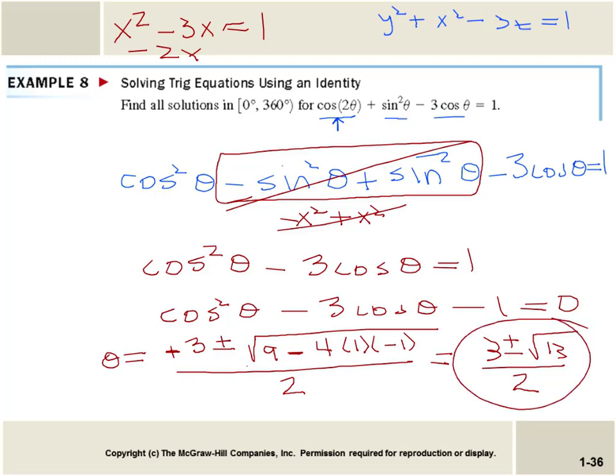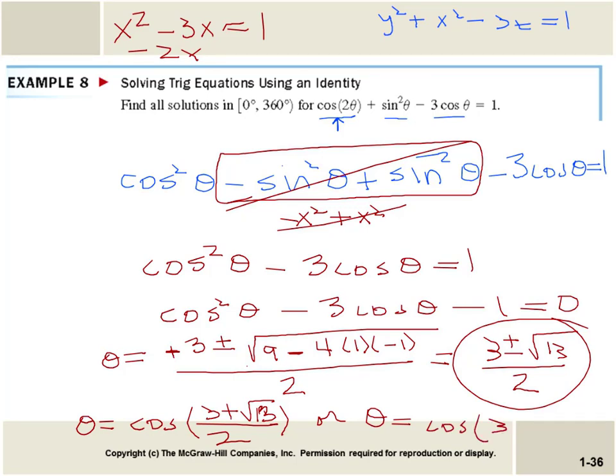So I have theta equals the inverse cosine of 3 plus. If someone has their calculator and knows how to do this, if you can just give me the answer, that'd be awesome. Or theta equals the inverse cosine of 3 minus the square root of 13 over 2.